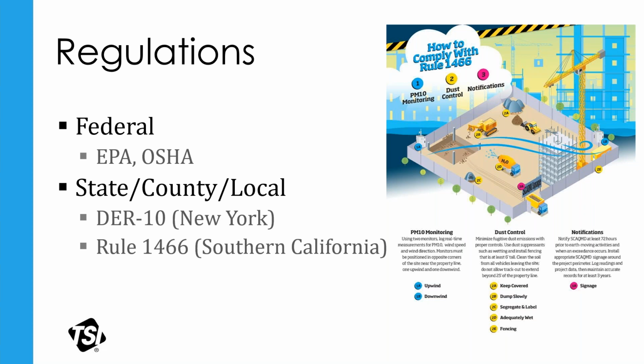Theirs is if there's a differential of 25 micrograms, then certain actions have to take place or work has to stop. So it's important to look at not just the federal regs, but what is local that you may not be thinking about. It's good to have those in place.